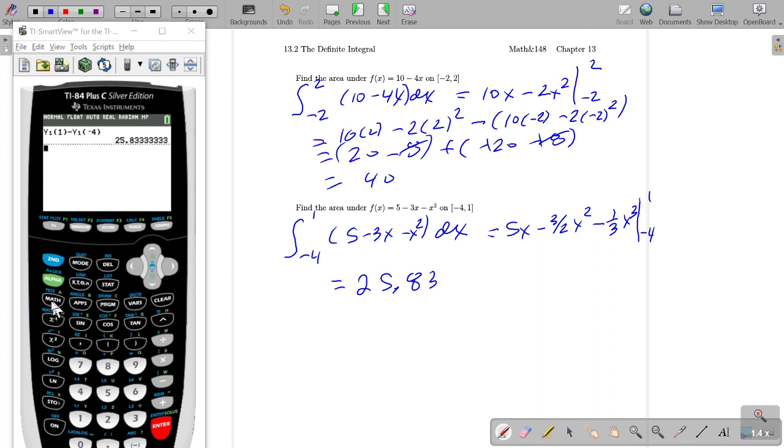And if I wanted to do math, it's the same thing as 155 over 6.